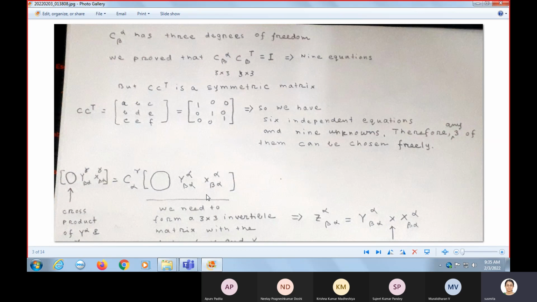So just take the cross product on this side, and similarly you also have to take the cross product on this side. Then this will be an invertible matrix and you put it on the left side. And this matrix is also known because we know these 2 vectors in the gamma frame. And the inverse of this matrix times this matrix is actually the coordinate transformation matrix.